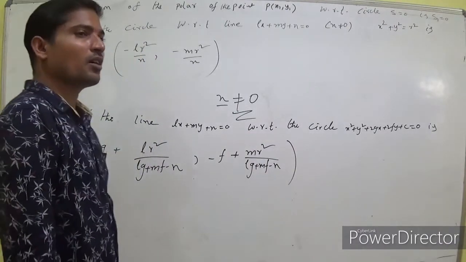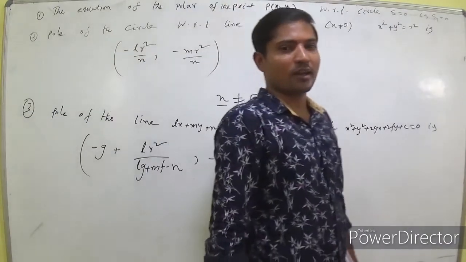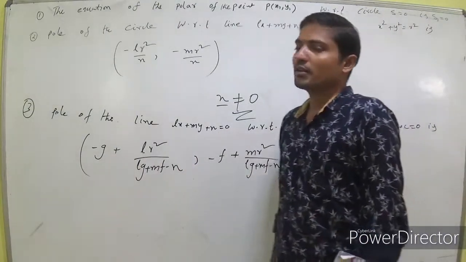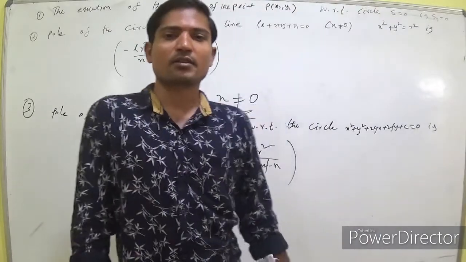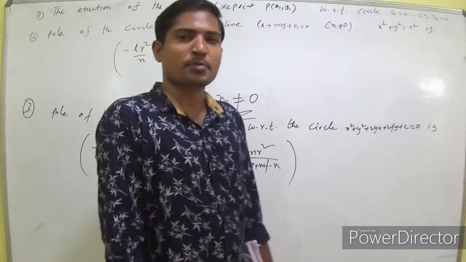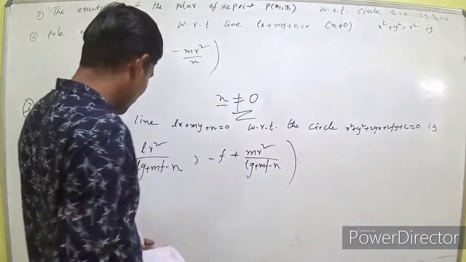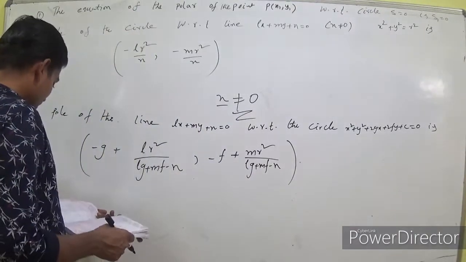This is the pole of the line with respect to the circle x square plus y square plus 2gx plus 2fy plus c equal to 0.